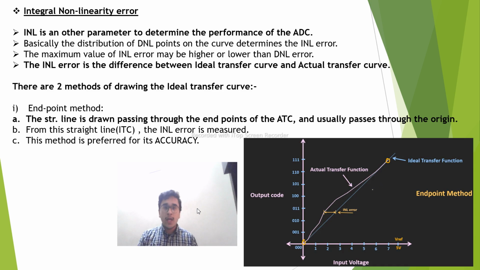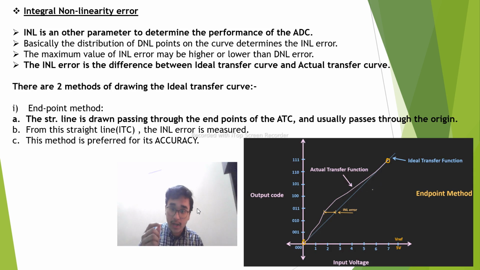So let us go to the endpoint method. The endpoint method is very simple. It's nothing but a straight line which is joining the two endpoints of the actual transfer curve. If you see in the diagram, the white continuous line is representing the ATC.